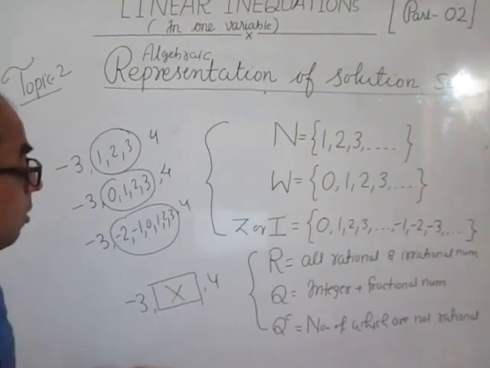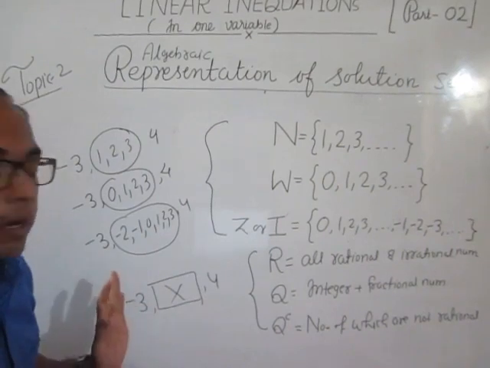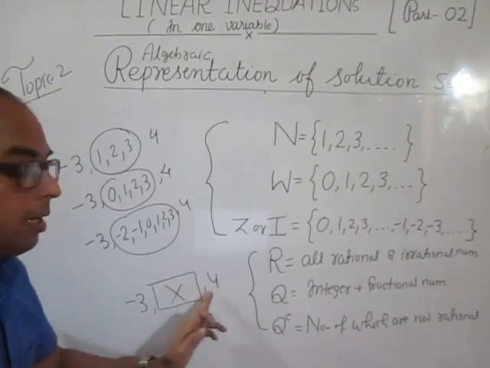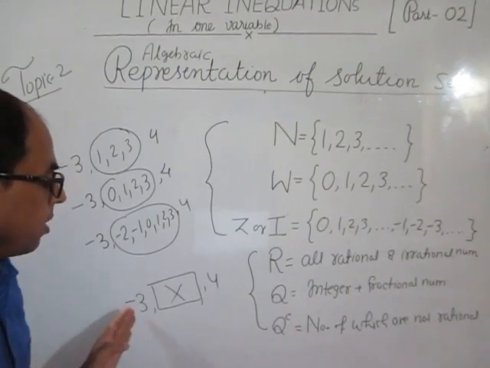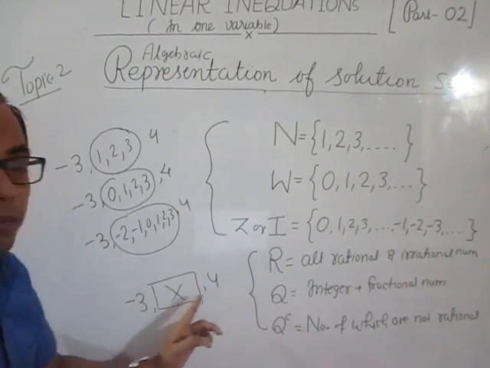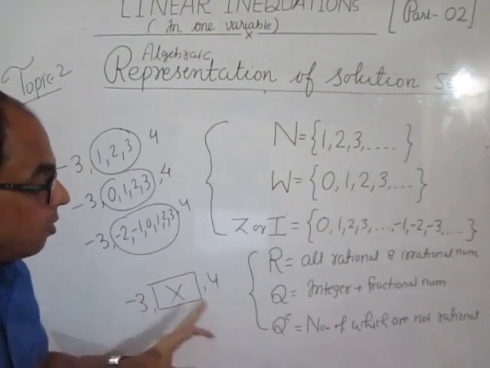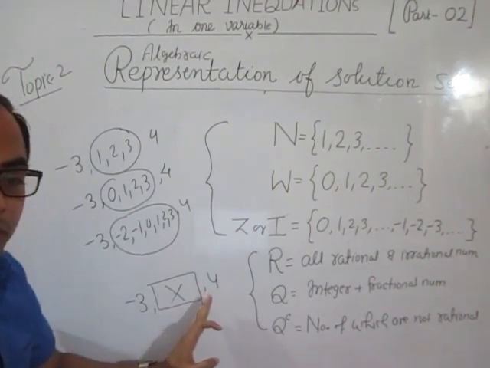Why? Because there are infinite real numbers between -3 and 4. There are infinite rational numbers and infinite irrational numbers between -3 and 4.